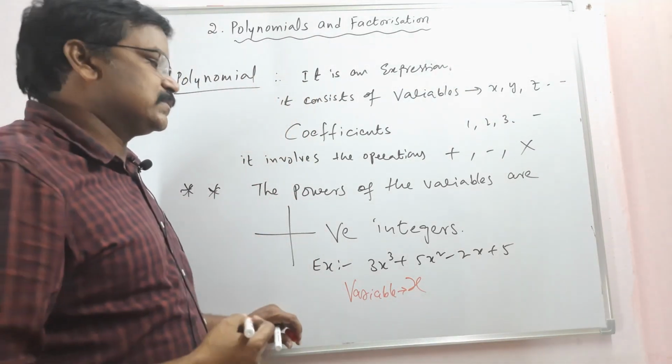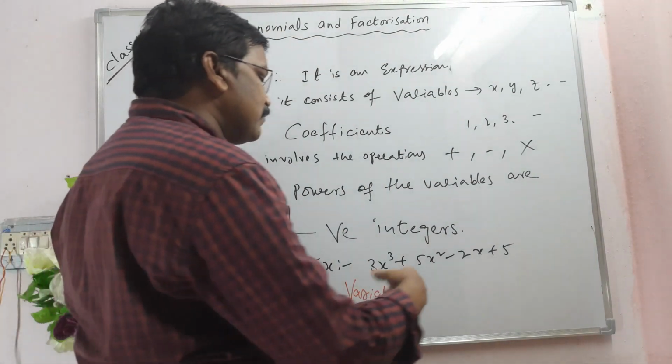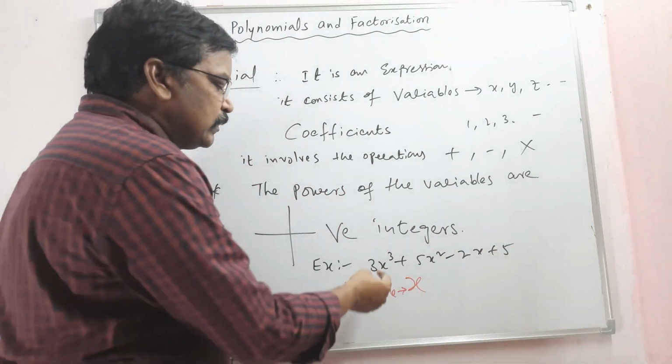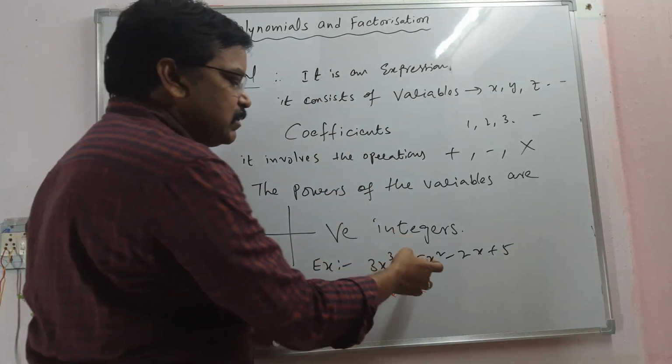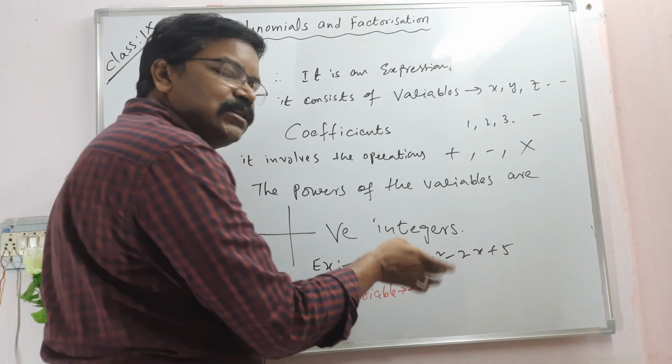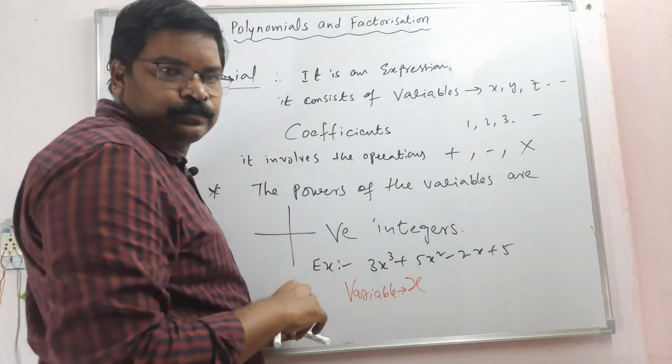Coefficients means here there are different coefficients. The coefficient of x cube is 3. The coefficient of x square is 5. The coefficient of x is minus 2.